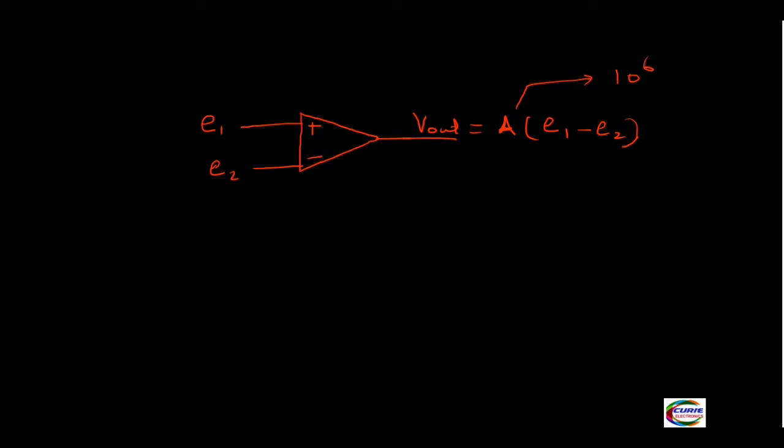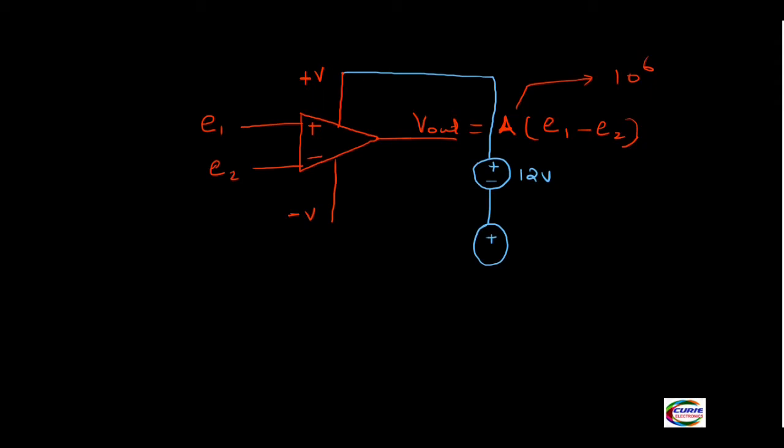And we have to provide a power supply for this. How do you provide the power supply? There has to be a positive and a negative power supply, plus and minus V. Usually it's powered with 12 volt, and one more power supply, which provides minus 12 volt here.